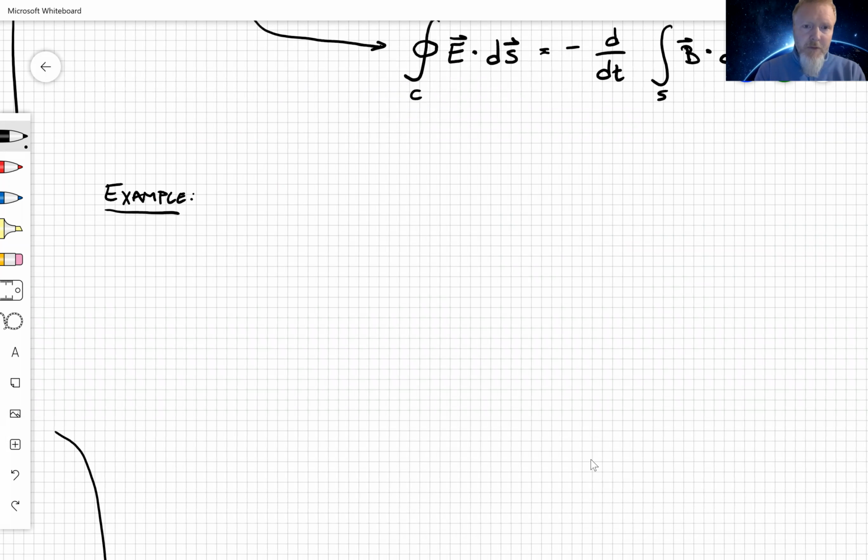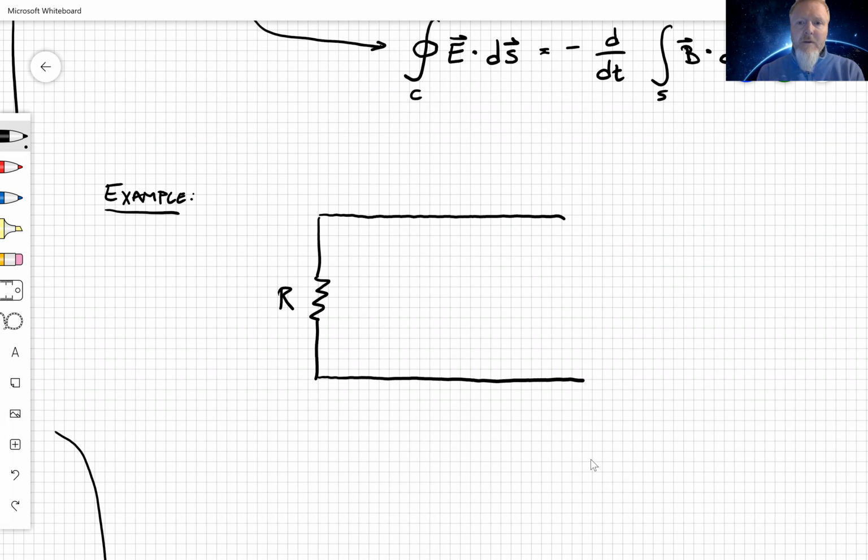Okay, so suppose that I have my resistor R here like this, and then I'm going to set some rails connecting the resistor like that, and then I'm going to put a bar on this thing.